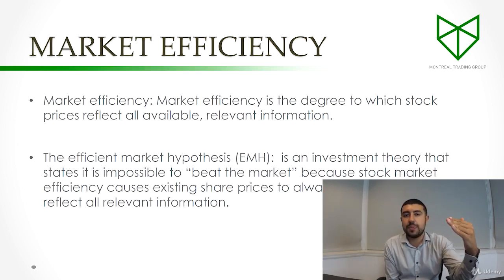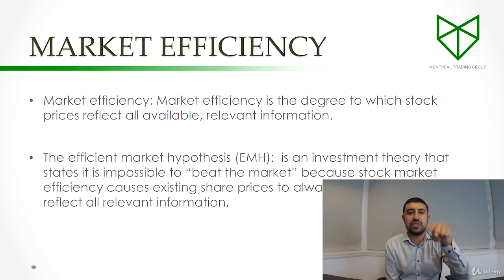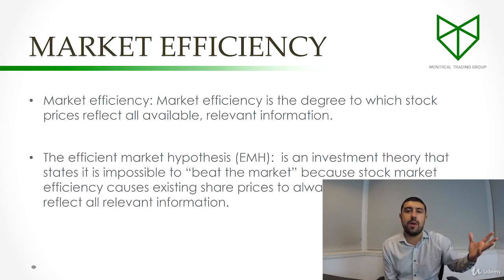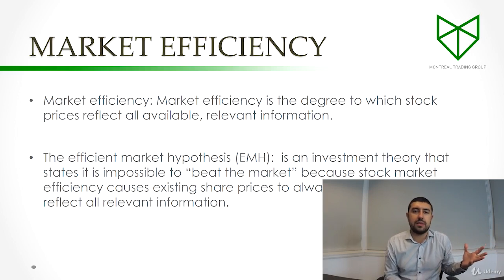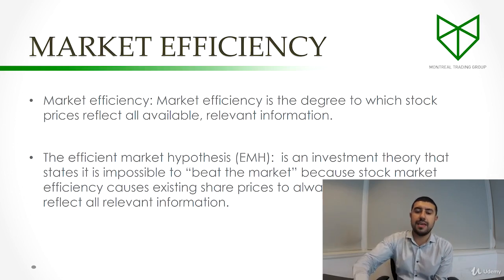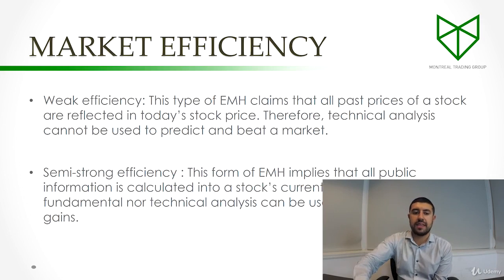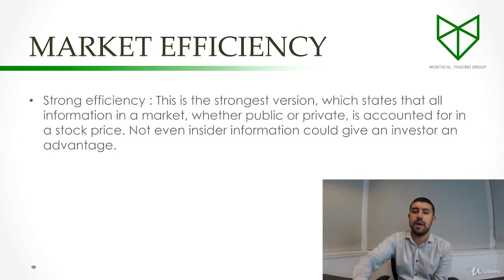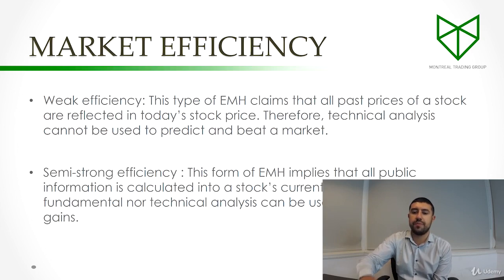So basically, you can't beat the stock market, because how could you beat it if all the information that you could use to beat it is already included in the price, which leaves it to move in a random manner, right? Because it's only new information that's going to move it, and you don't have access to that information. Now, the EMH hypothesis has three different forms. It has weak efficiency form, semi-strong efficiency form, and strong efficiency form.